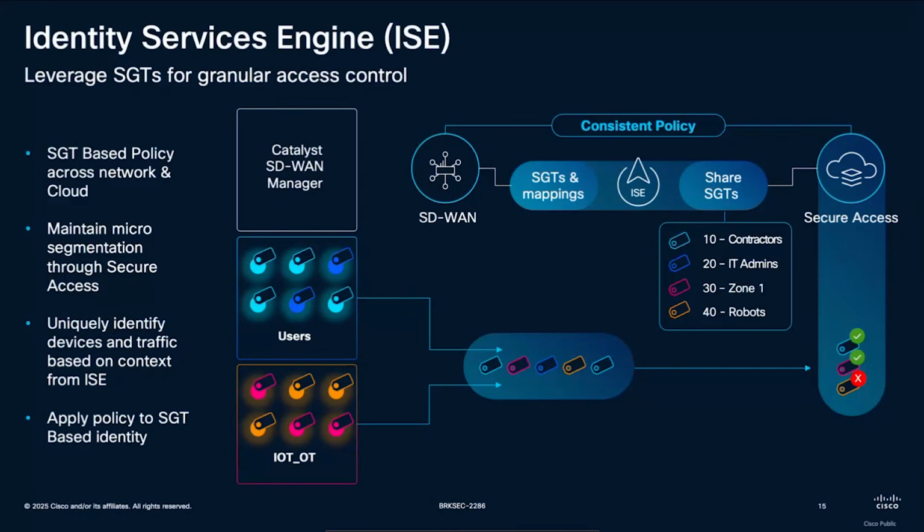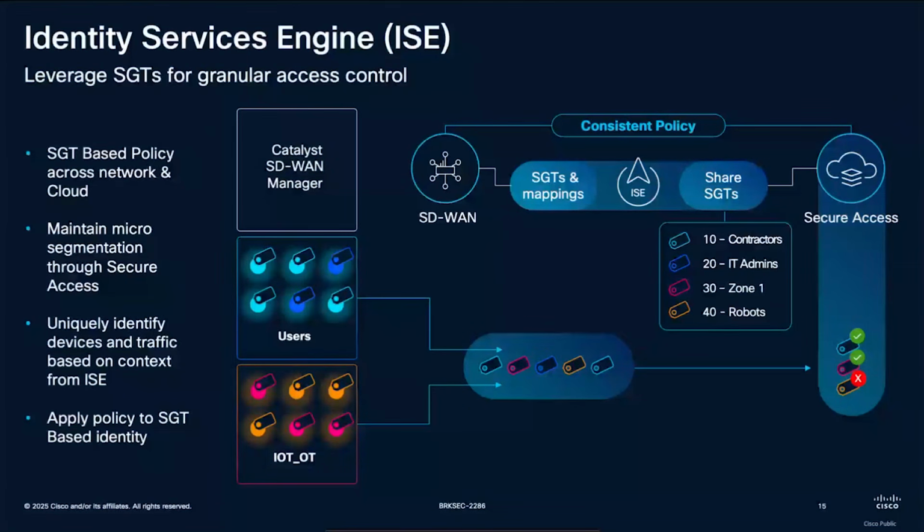So, for example, we can create group tags, for example, the HR team, the finance team, the R&D team, and we can create SGTs for all these groups or organizations of users that need the same application or resources.